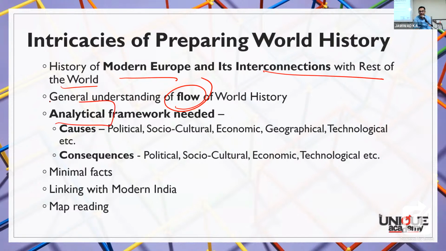Then next, analytical framework while studying. Rather than depth into facts and technicalities, we need analysis. What does analysis mean? How is this word formed? Ana plus lysis. Lysis means to break and ana means down. So analysis means breaking down. There is something complex.